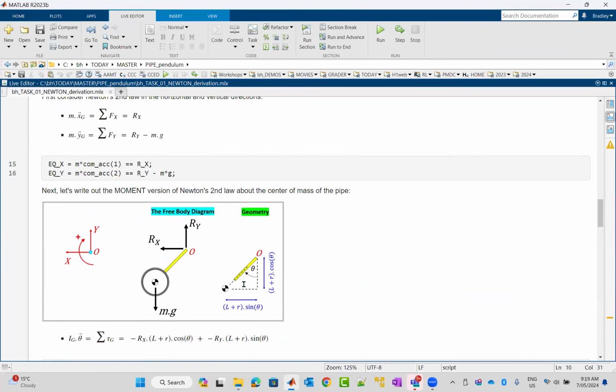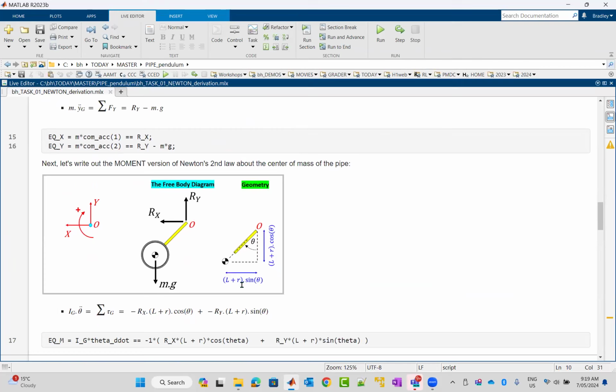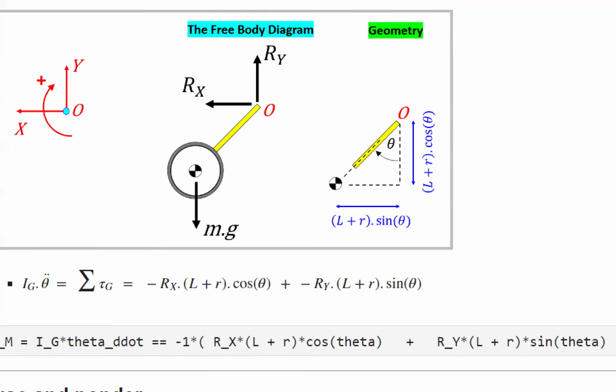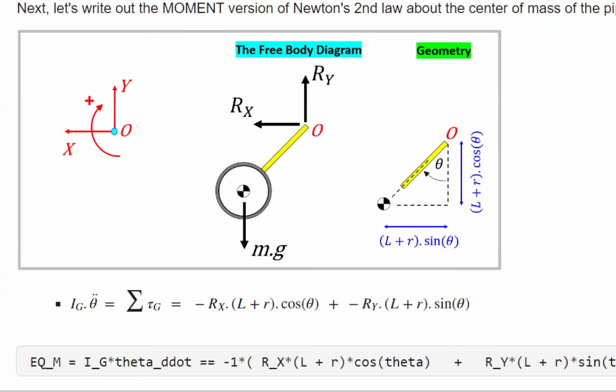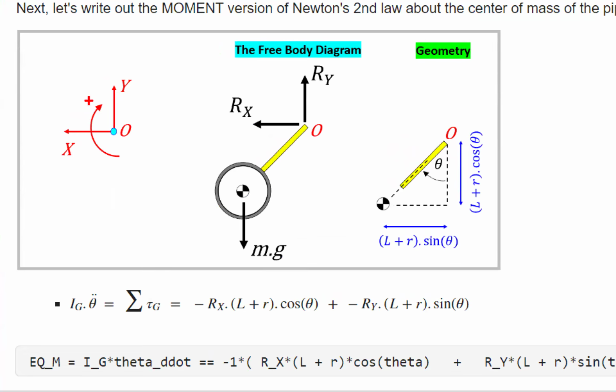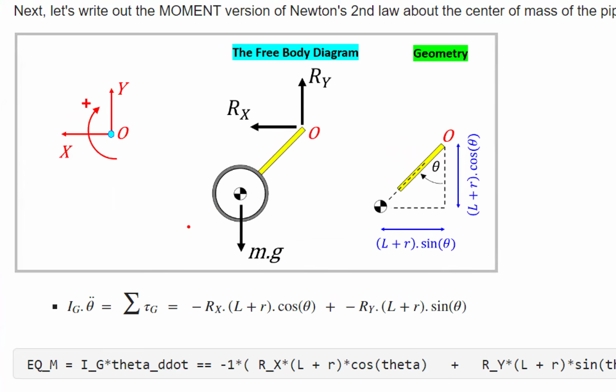There is, of course, a third equation that we could write, right? And that's the sum of the moments about the center of mass of the pipe pendulum. So there's clearly the center of mass of the pipe pendulum. This is the angular form of Newton's second law.